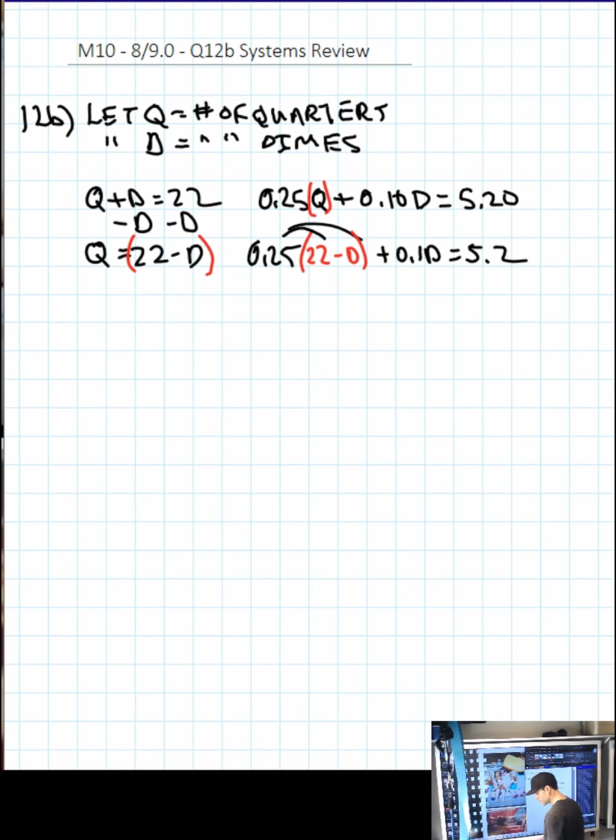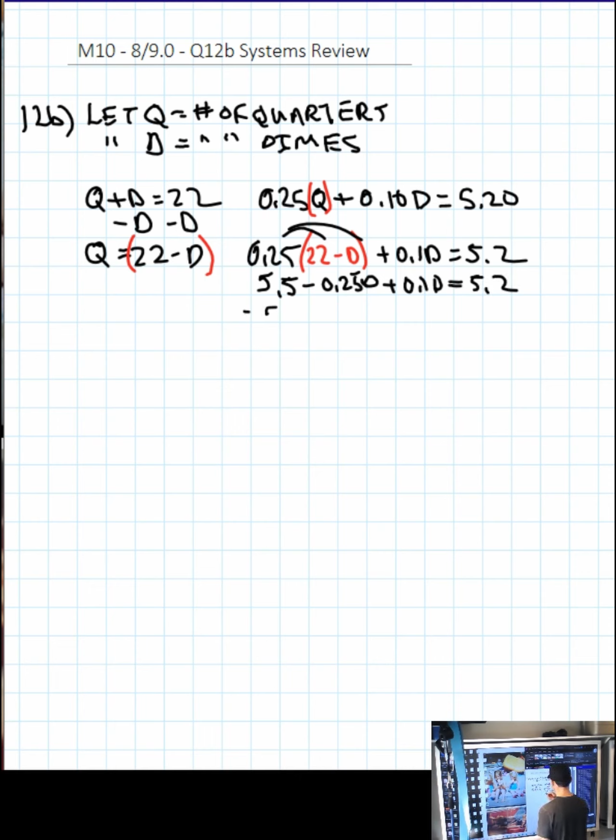Distribute. 0.25 times 22 is going to be 5.50. So 5.5 minus 0.25D plus 0.1D equals 5.2.